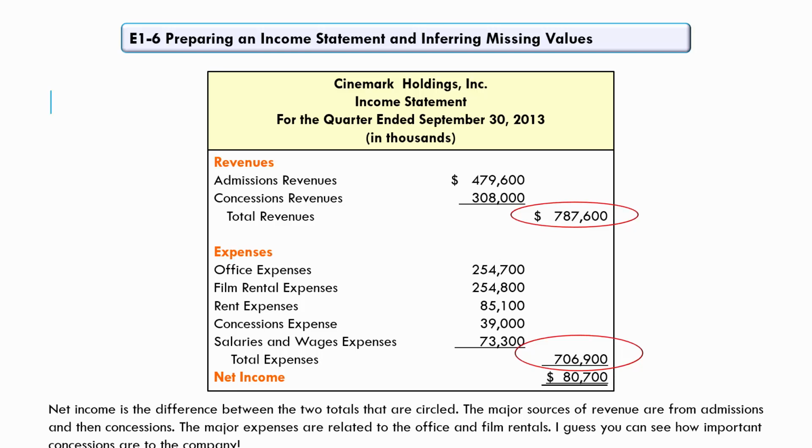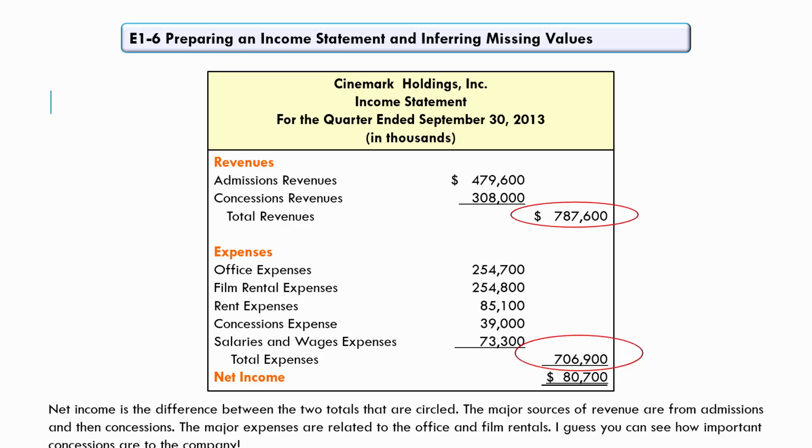The interesting thing about this is concessions are bringing in $308,000, and the expenses related to the concessions are only $39,000. So if you're looking at profitability for this company, yeah, net income is $80,700, but remember we said up there that is in thousands, so we're really talking about $80.7 million in net income.